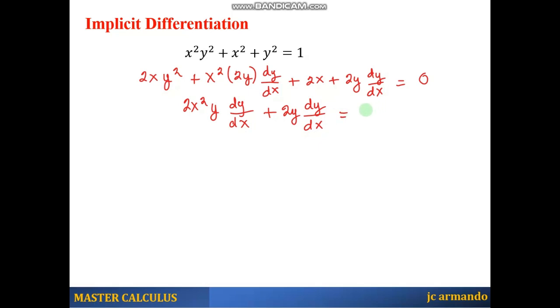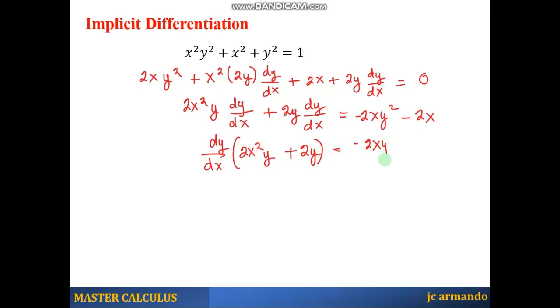Transpose the 2xy squared, so negative 2xy squared, then the 2x, so negative 2x. Factoring, we have dy dx times 2x squared y plus 2y equals negative 2xy squared minus 2x.